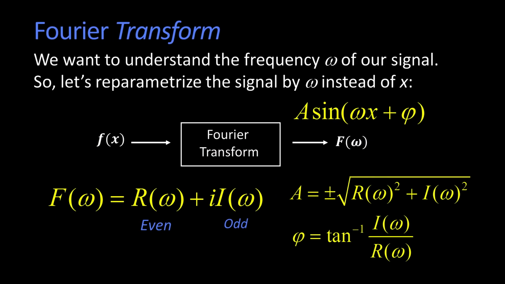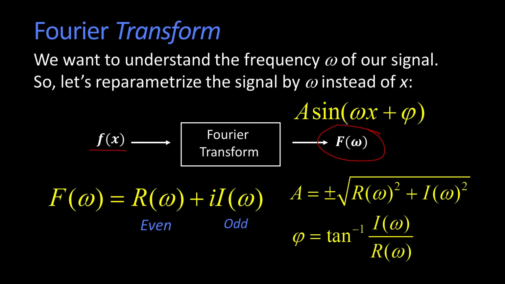And the Fourier transform was that you would put in a signal, showing it here in 1D, but also talk about it in 2D. And what you would get out was, instead of f as a function of x, that is the intensity as a function of location, you got out a cap F as a function of omega, where omega was frequency.